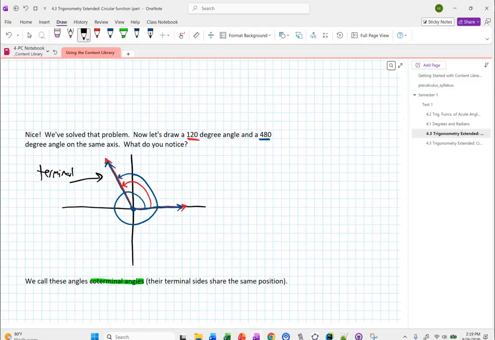So if you look at the picture, the two terminal sides will be in the exact same place. In fact, it'll look like just two copies of the exact same angle. The only thing that'll be different are the rotation marks. Now, if you compare the measures, if I subtract the two angles, the difference should be a multiple of 360 degrees, which means that they're the same thing plus some kind of full rotation.